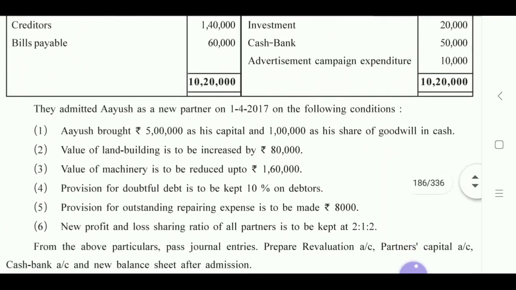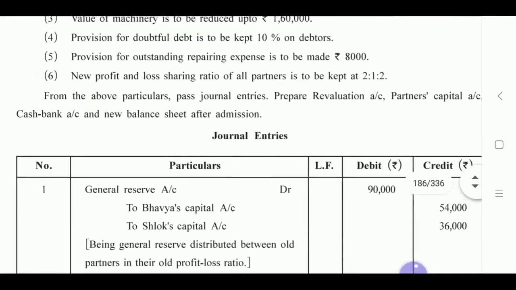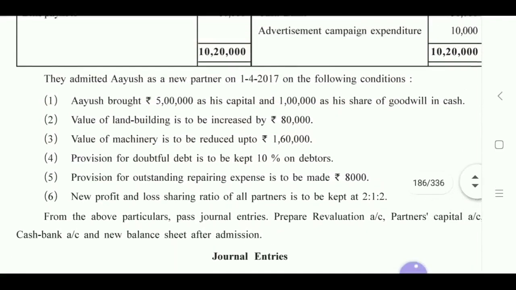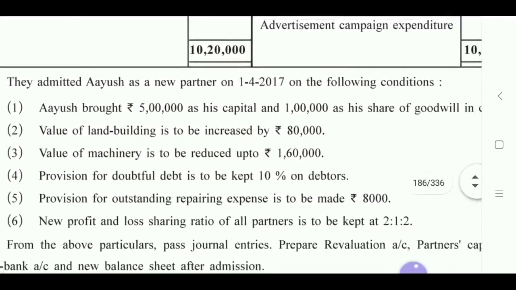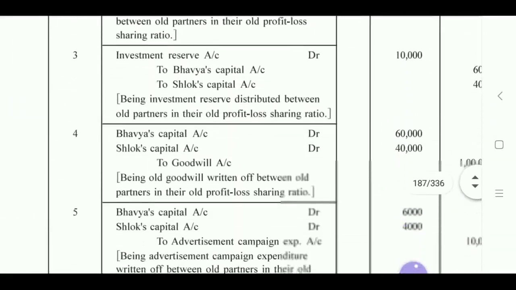So this is an increase in the value of an asset. Whenever the value of an asset increases, the journal entry is particular asset account debit to revaluation. Which is the asset here? Land and building. So land and building account debit 80,000 to revaluation account.